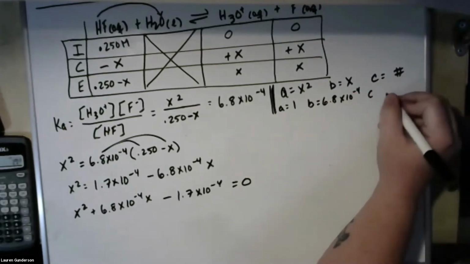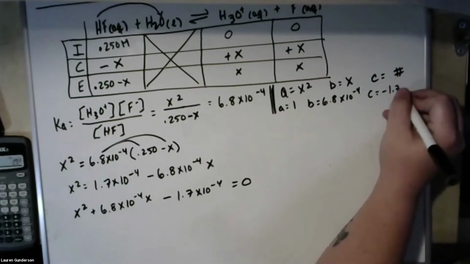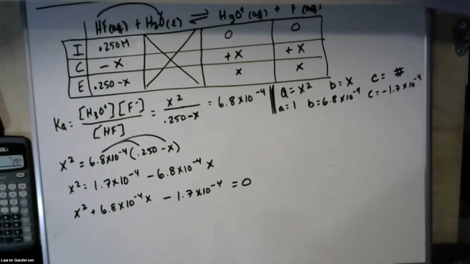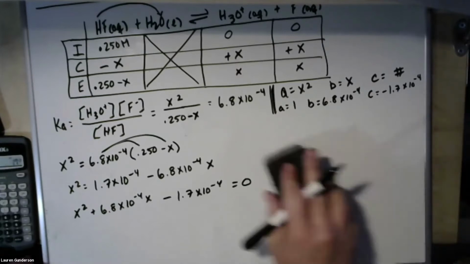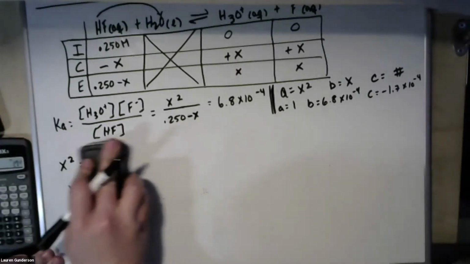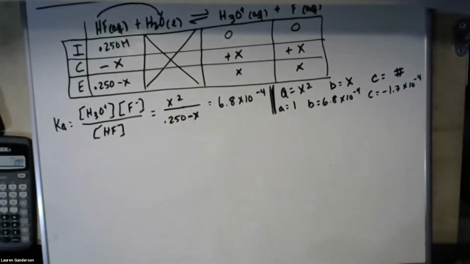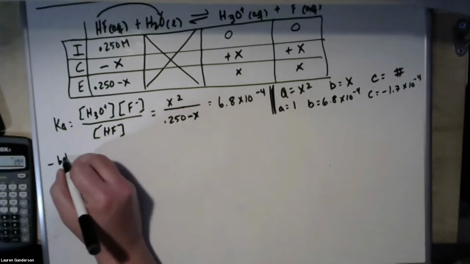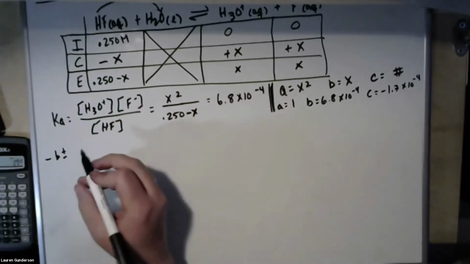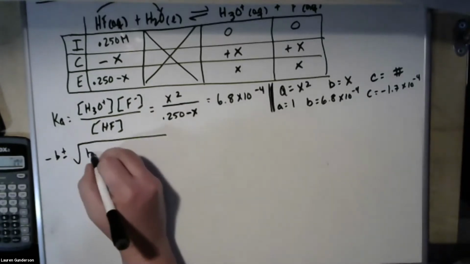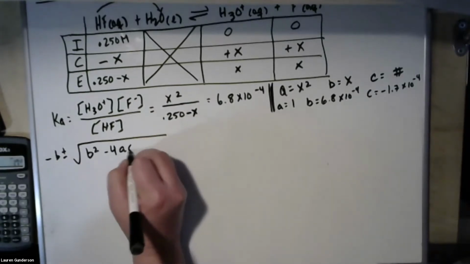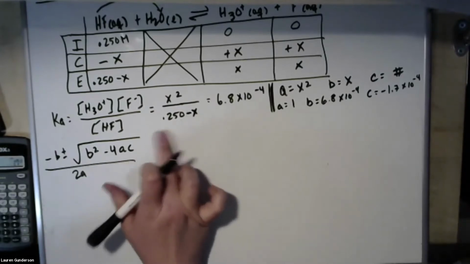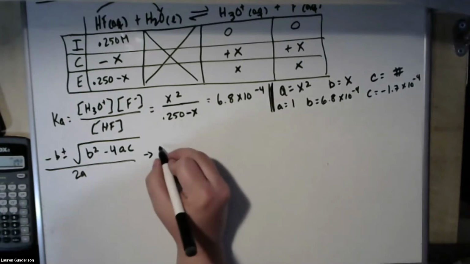And my C value is going to be negative 1.7 times 10 to the negative 4. Okay. Now I have the numbers that I need to plug into my quadratic equation, which is minus b plus or minus square root b squared minus 4ac all over 2a. Okay, so we'll plug in all of that.